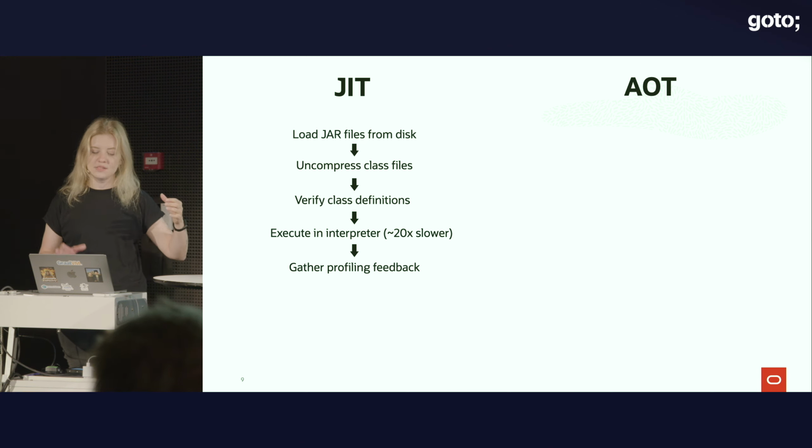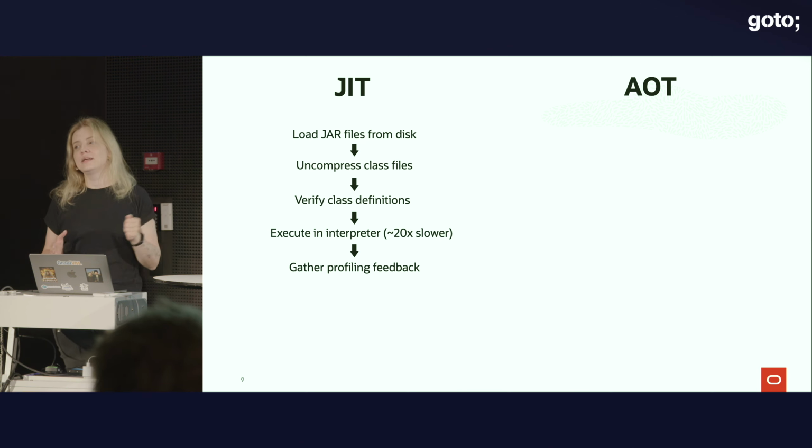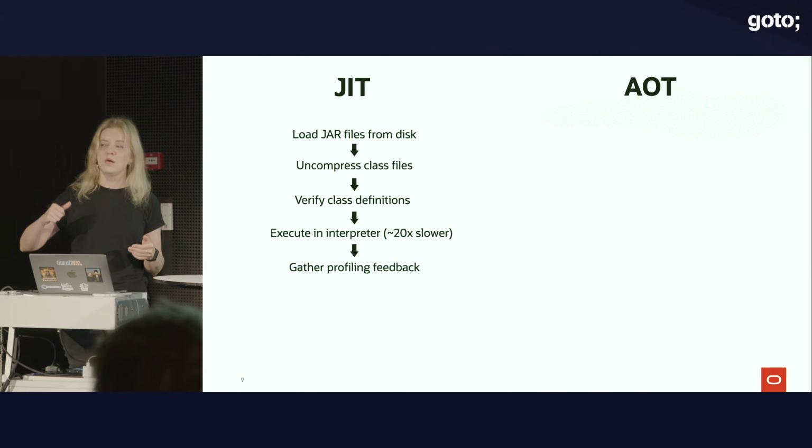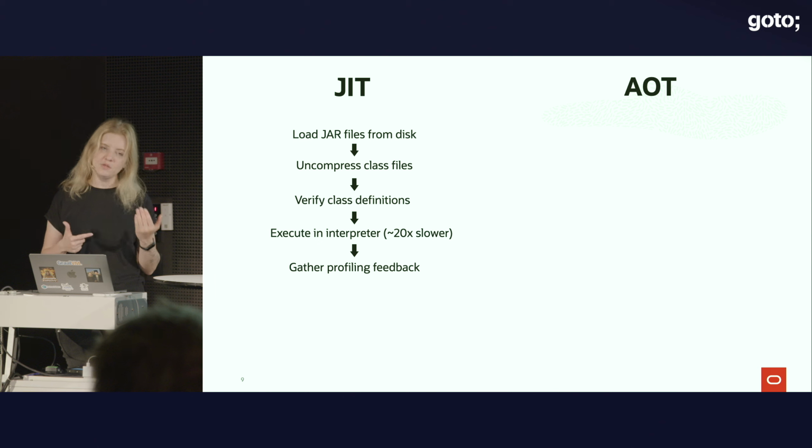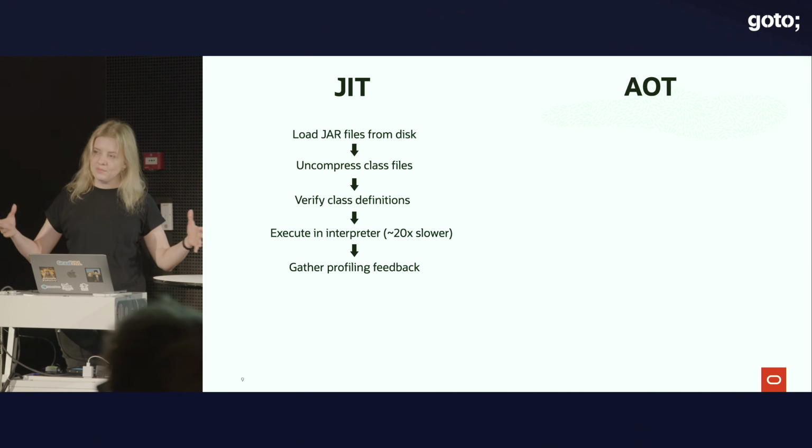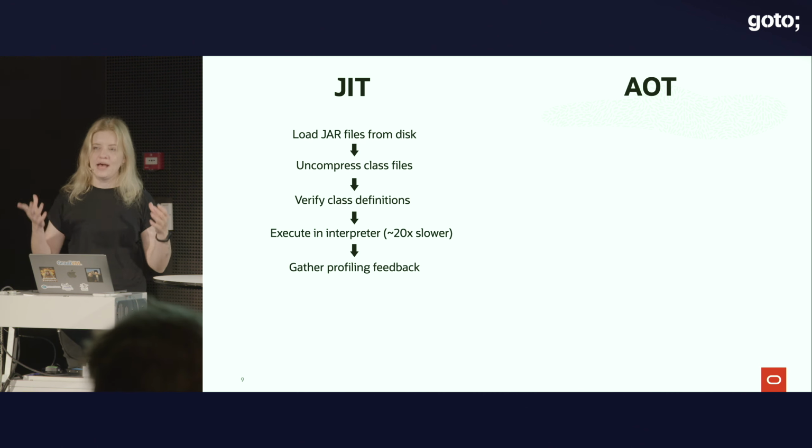What happens in this period of time is that some methods will be compiled dynamically at runtime, but some methods that are not executed that often, so they are below the threshold, might still be executed in the interpreter, and interpreted is much, much slower than compiled. Maybe it wouldn't have a big runtime impact because those methods are executed less often, but if there are many of them, this can add up and have a runtime impact in terms of performance.